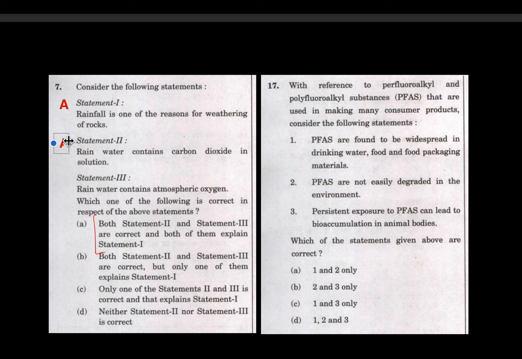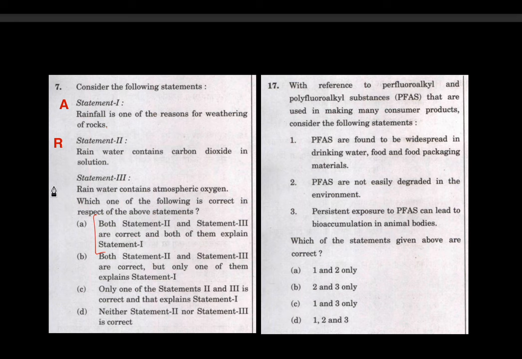The third option, C, is that only one of the statements 2 and 3 is correct, and that explains statement 1.